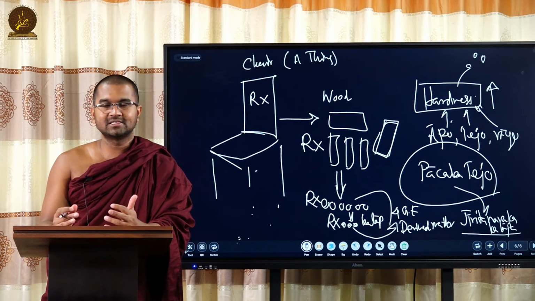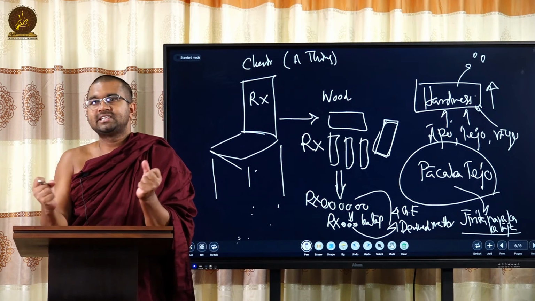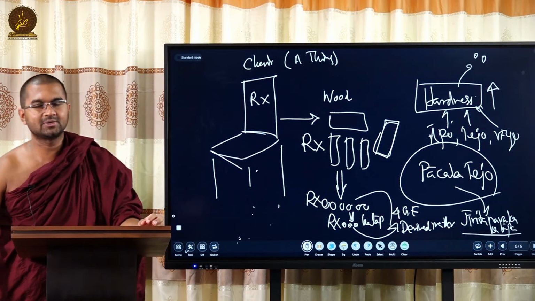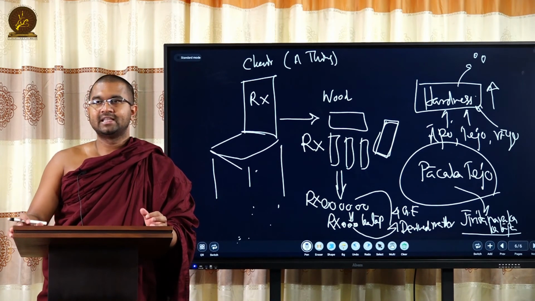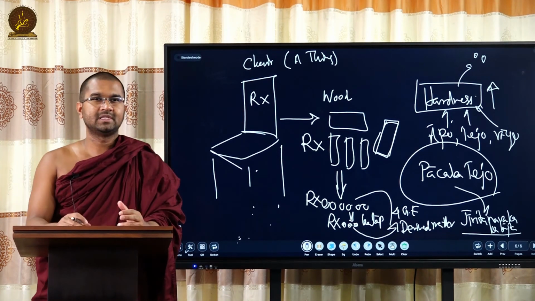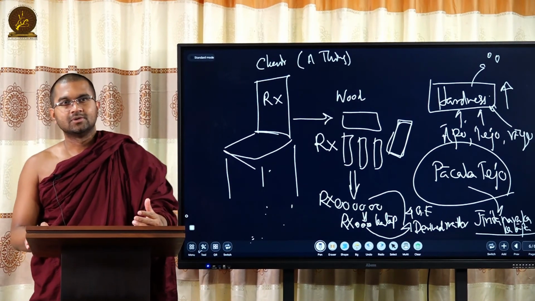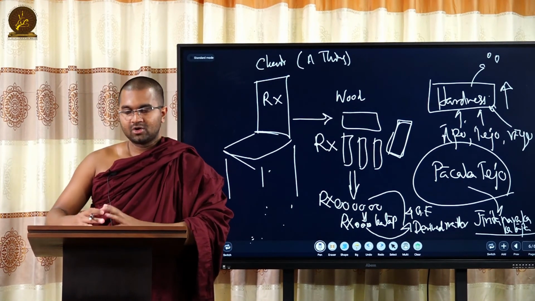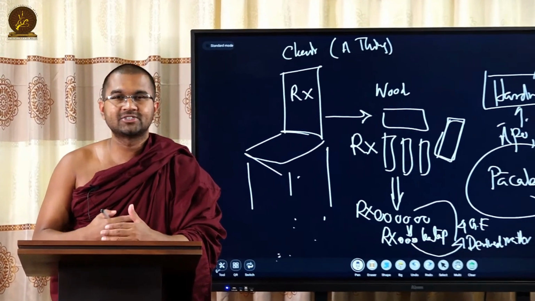There is also evidence that when a certain snake bites you, the entire body becomes stiff and the person dies. It's possible. And with the biting of some snakes, the entire body starts to get rotten. The apo quality increases. Likewise, when the balance of the four great elements is disrupted, health issues would occur.